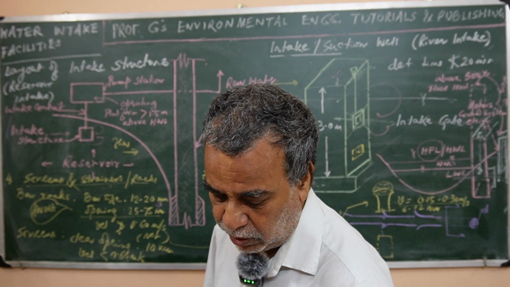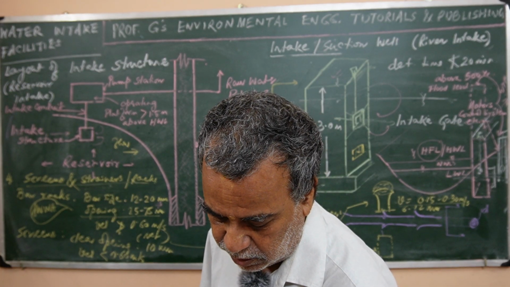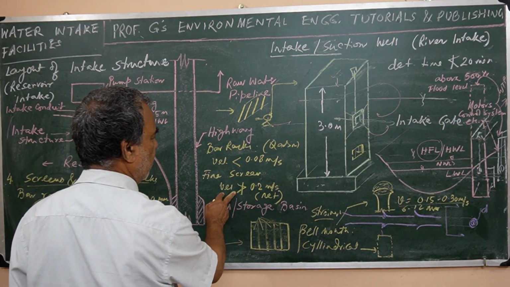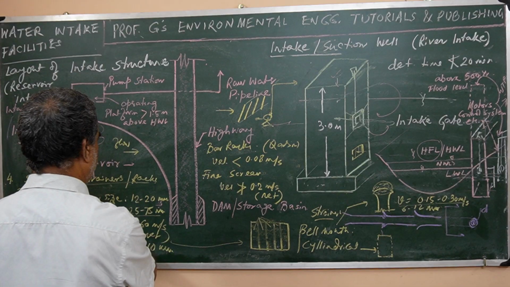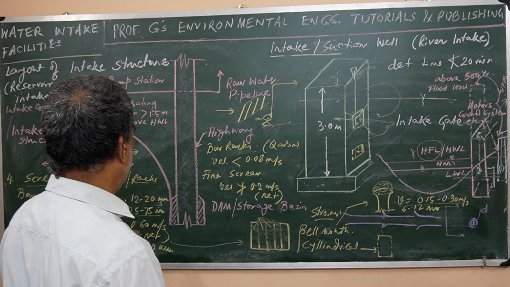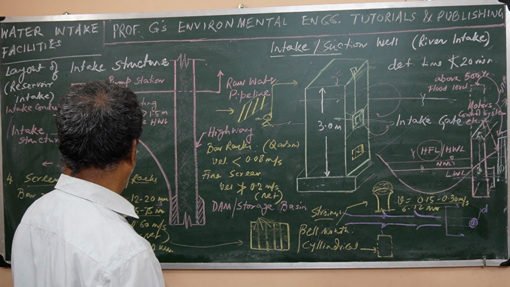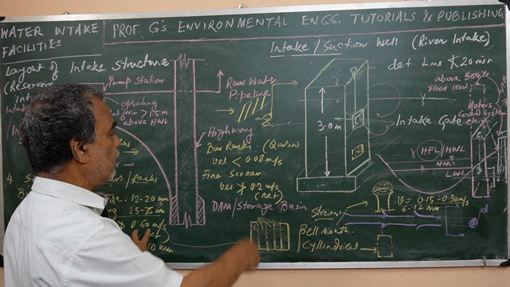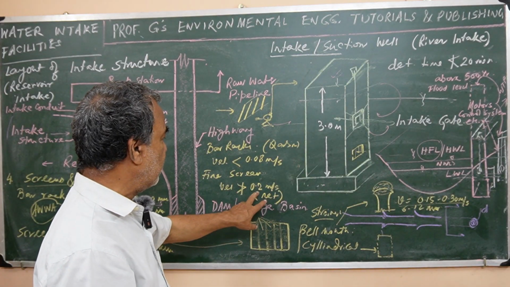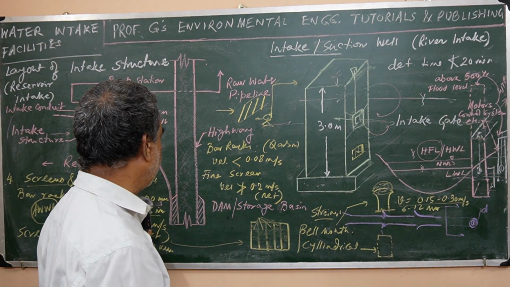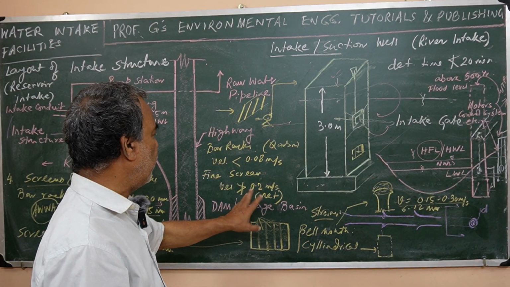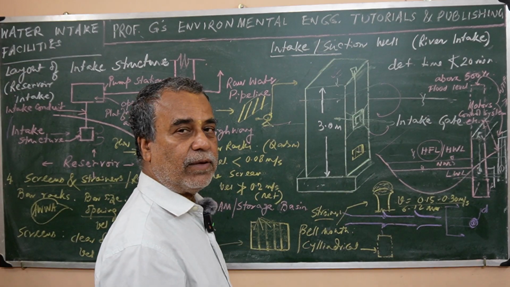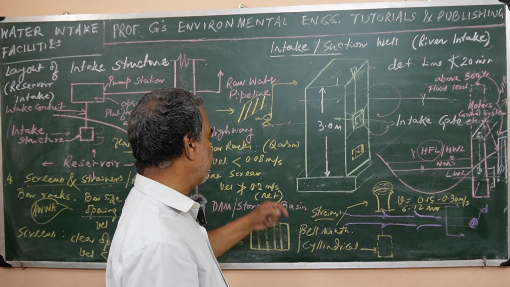Now the velocity here, for the fine screen, is not necessarily lesser than this one, because here you are permitting a larger or higher velocity, but in this case the velocity that you are using is around 0.15, which is less than 0.2 meter per second or so.